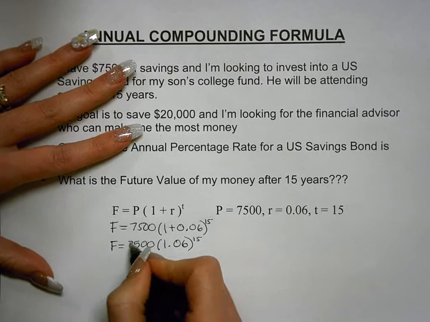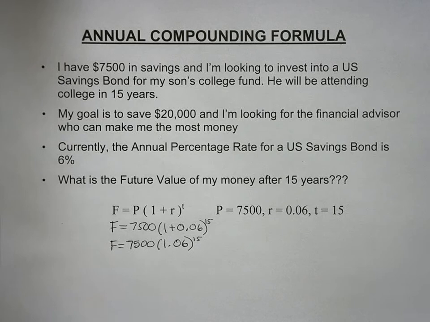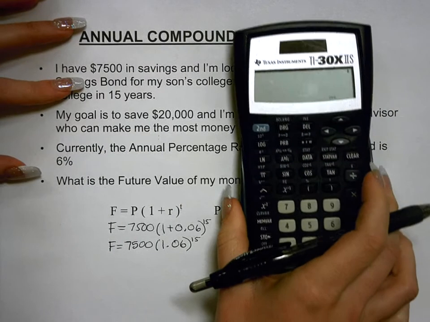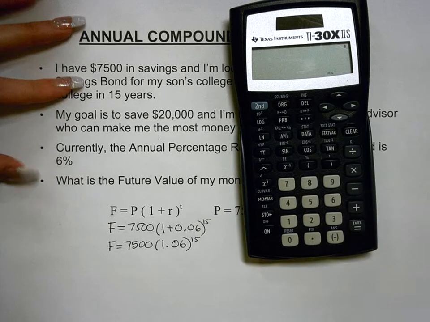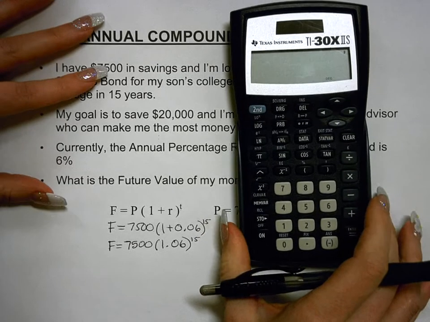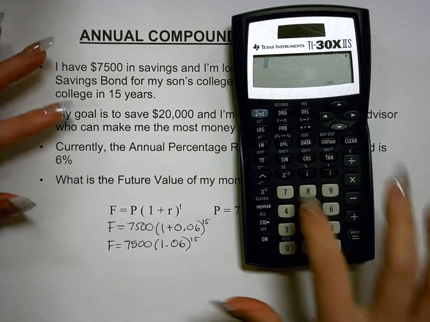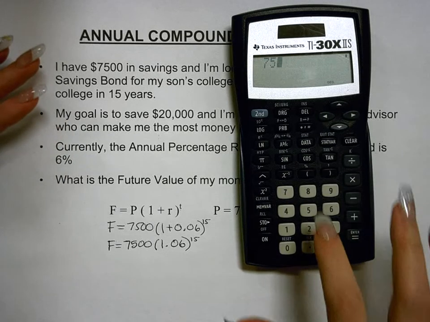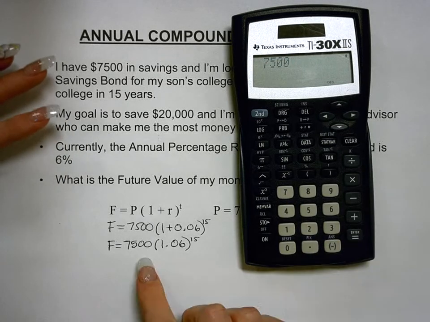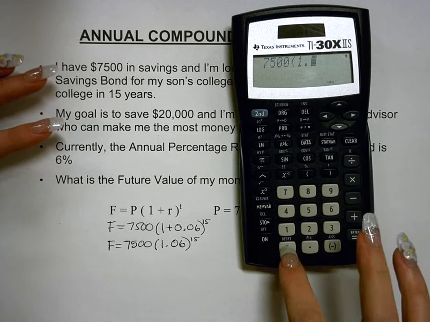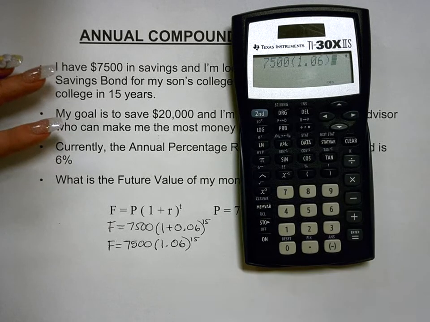Now at this point I can just input this into my calculator. So we're going to look at the calculator, and the first thing we're going to input is 7,500. Then we're going to put the parenthesis, 1.06, close the parenthesis.